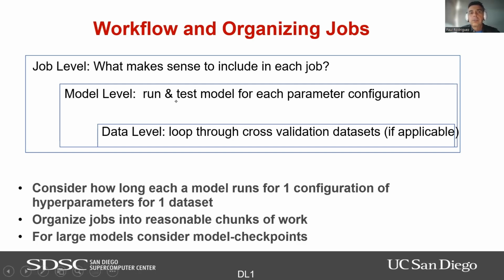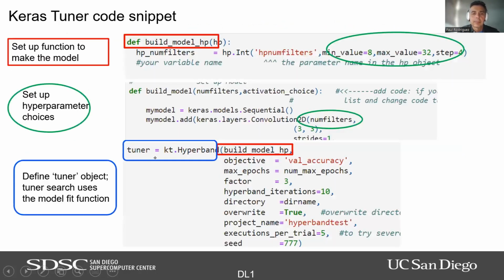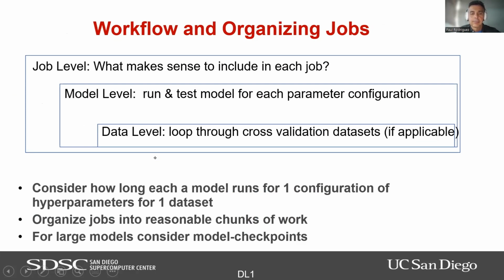Are you going to have one model configuration go through each validation data set, for example? What if your data set is huge? Maybe you don't want to do it this way. But this is your typical way you would do it, I think. Sorry about that. So I recommend organizing your jobs into reasonable chunks of work.